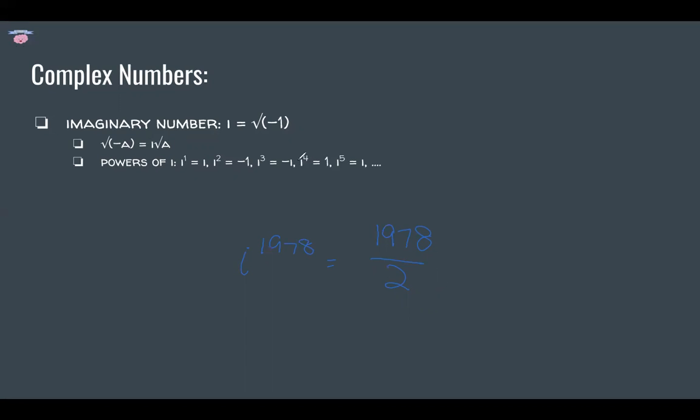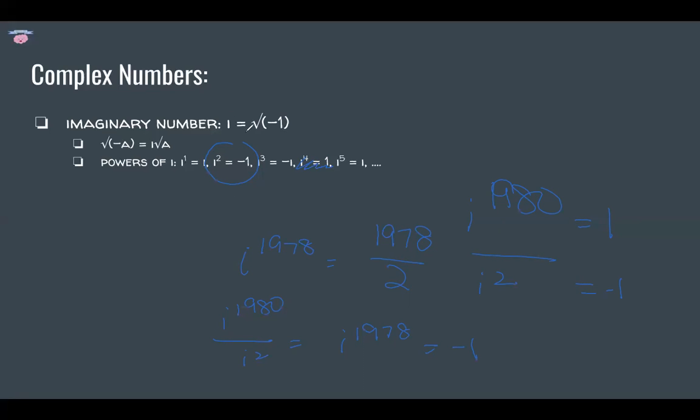Which means it's not equal to 1. 1980 is divisible by 4, so that would be 1. Instead, we have to divide this by i squared to get 1978. i squared is equal to -1. So i to the power of 1980 divided by i squared is equal to i to the power of 1978, which is equal to 1 divided by -1, which is -1.